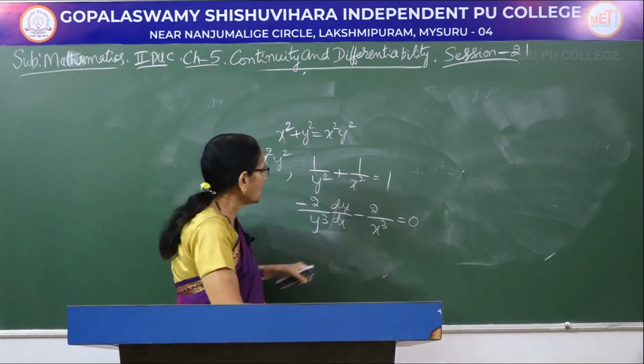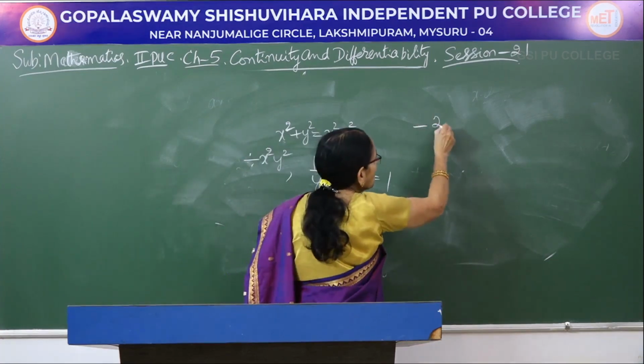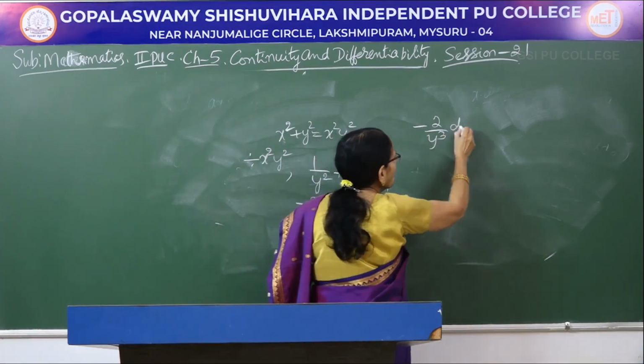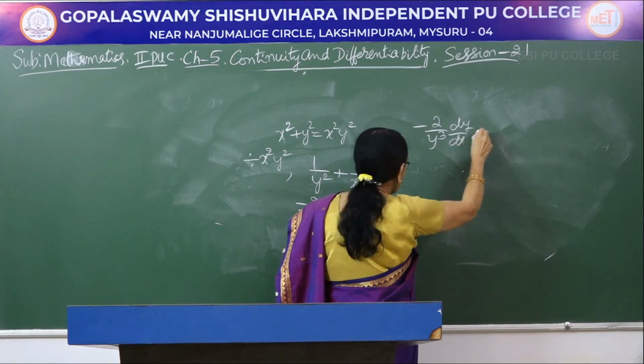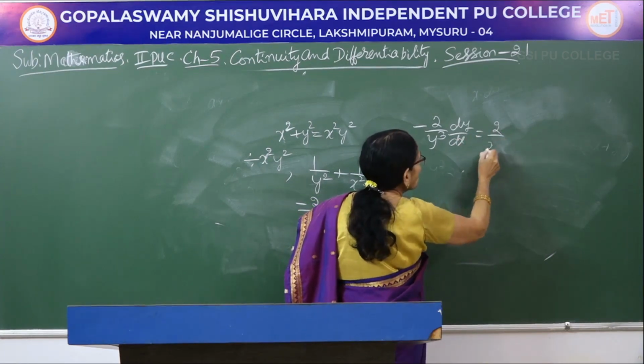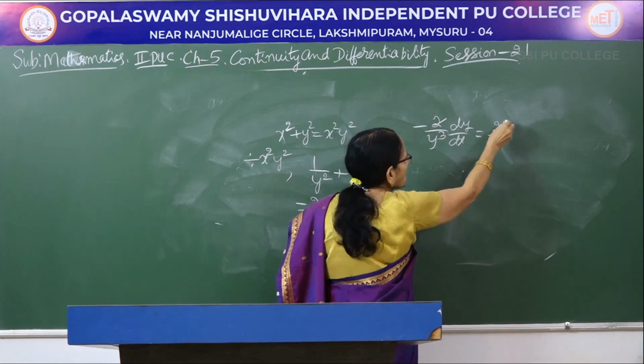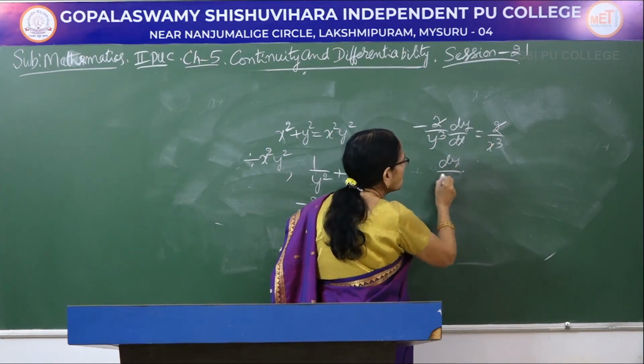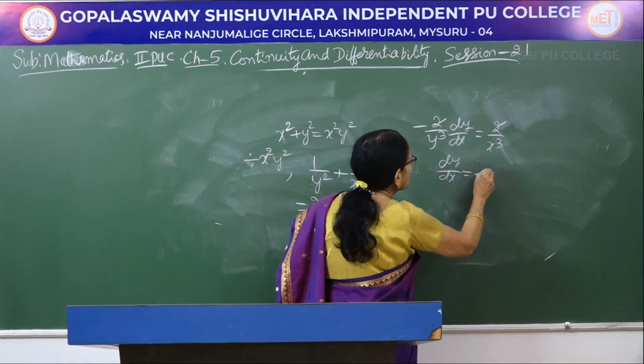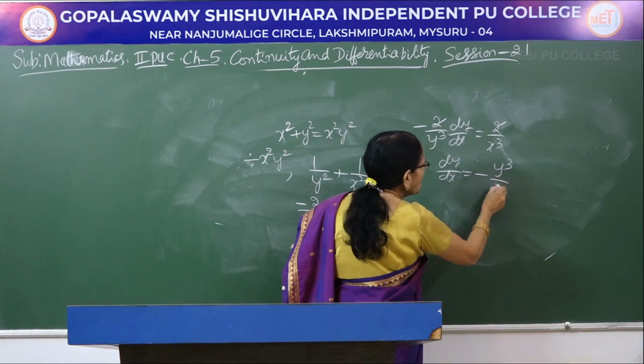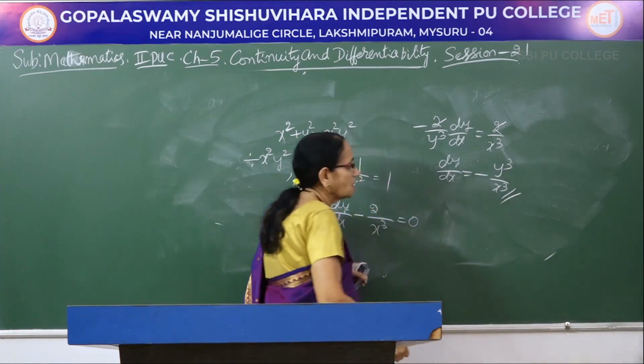Now, rearranging the terms here, minus 2 by y cube into dy by dx would be equal to plus 2 by x cube. Even 2 can be cancelled, and shifting the term to the right hand side, we get the answer to be minus y cube by x cube.